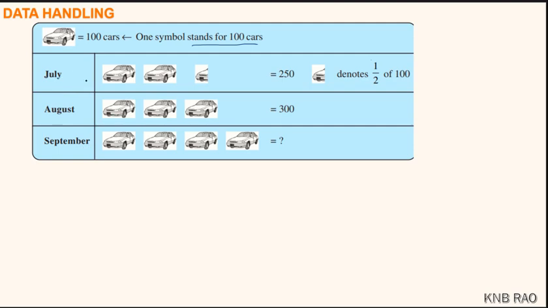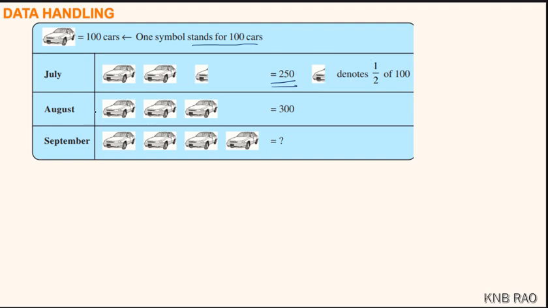Against the month July you could see two full car pictures and another half car picture drawn, where one full car picture represents 100 cars, that means the half may be considered as 50, so two full and one half is 250.